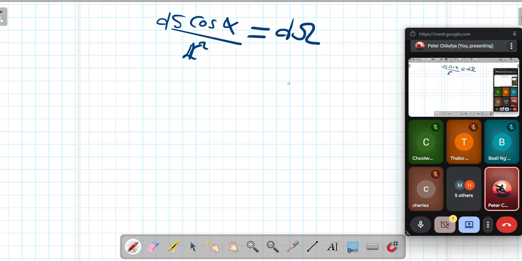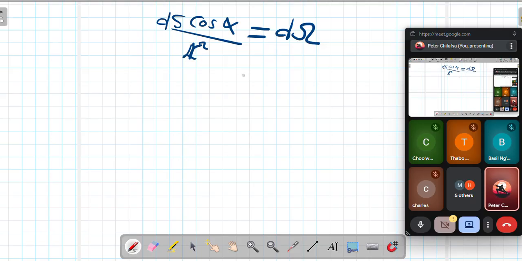This is a method where we use the solid angle to simplify our equations. Whenever I have dS cos alpha over something squared, you replace it by the solid angle.